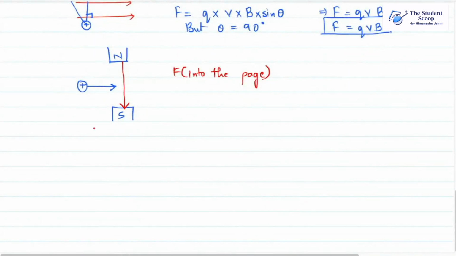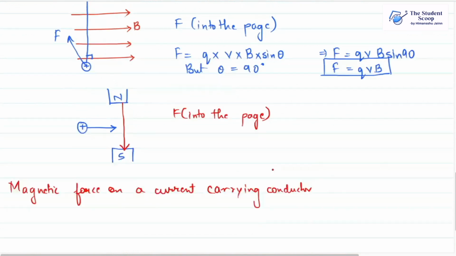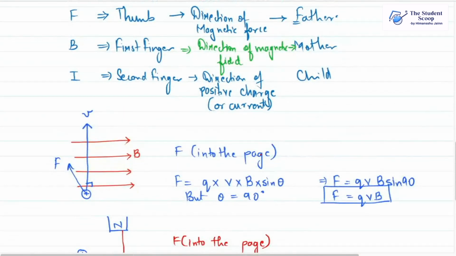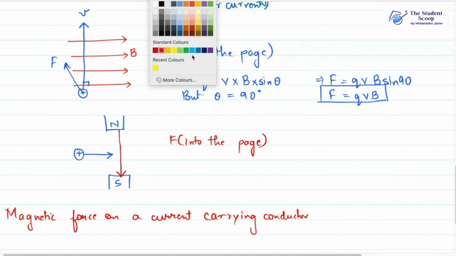Similarly, if I want to find out magnetic force on a current carrying conductor, we need to understand why the magnetic force is acting first and foremost. If a magnetic material is there, only then is a magnetic force going to act on a material. Does that make sense? Can I get some acknowledgement?